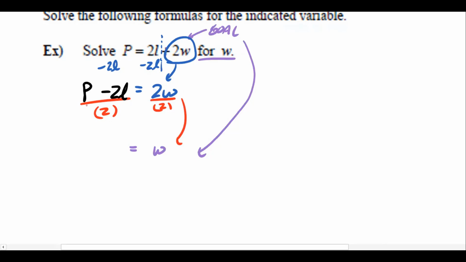Again, the left side, I need to create a denominator of that whole left side. So the fraction bar needs to cover both terms, and then divide by 2. So the left side becomes an expression P minus 2L all over 2, and that equals W.